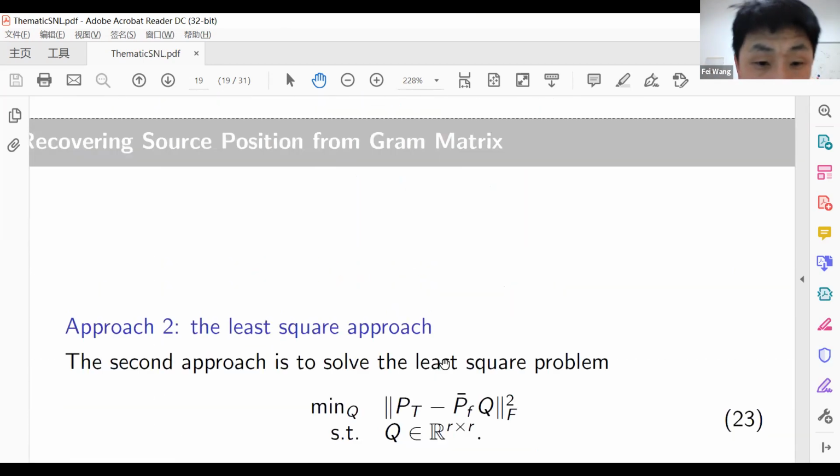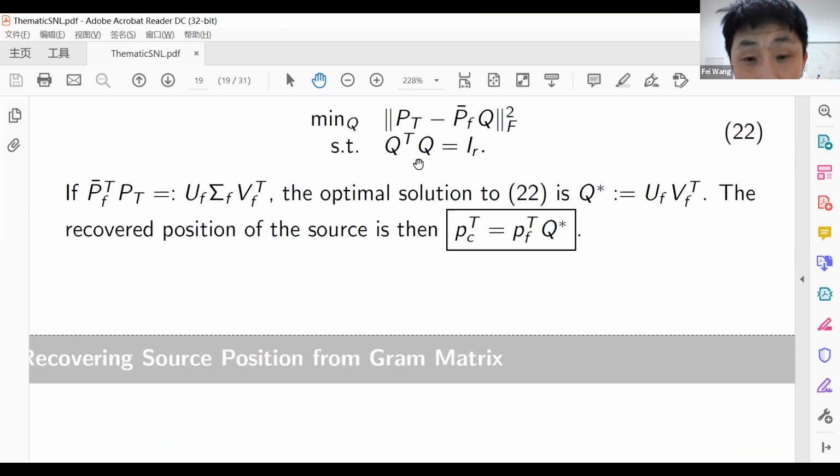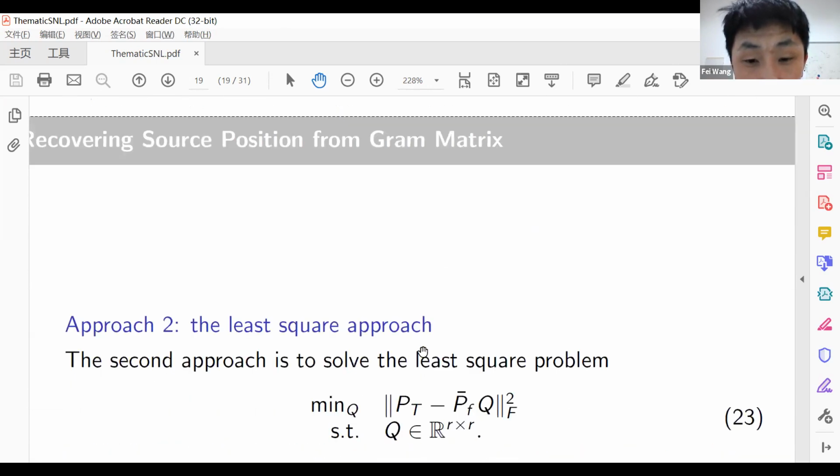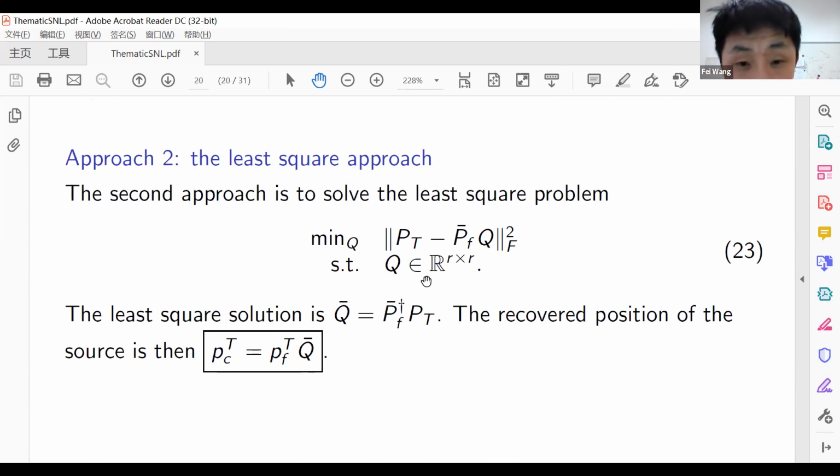Approach 2 is where we do not require Q to be a rotation matrix. So Q is just any invertible matrix, and because X is in the face of the true Gram matrix, this guarantees that the optimal value of this problem is always 0.